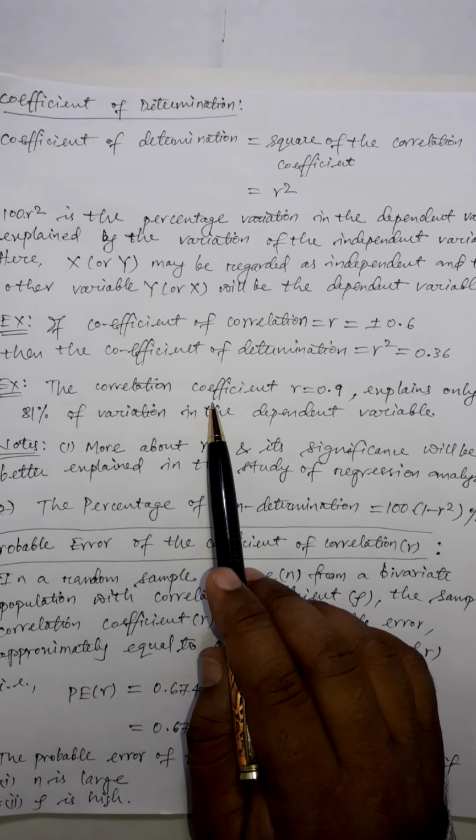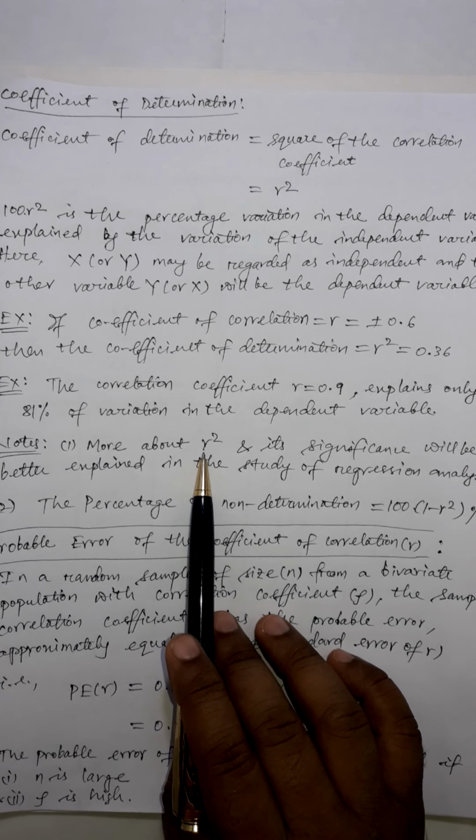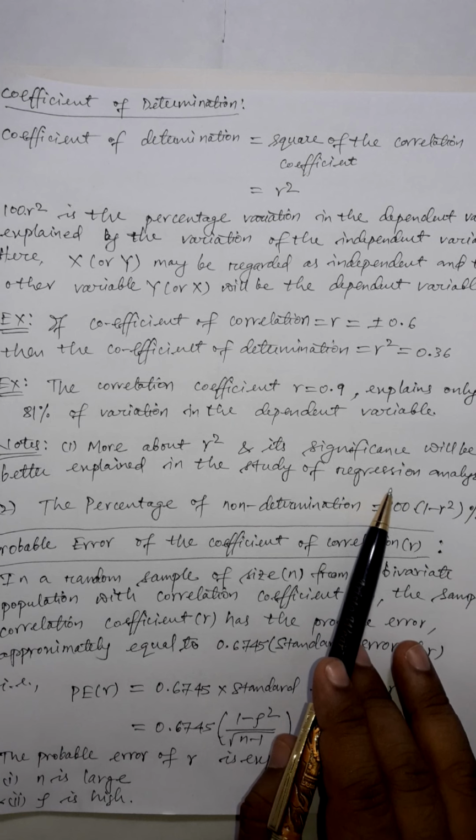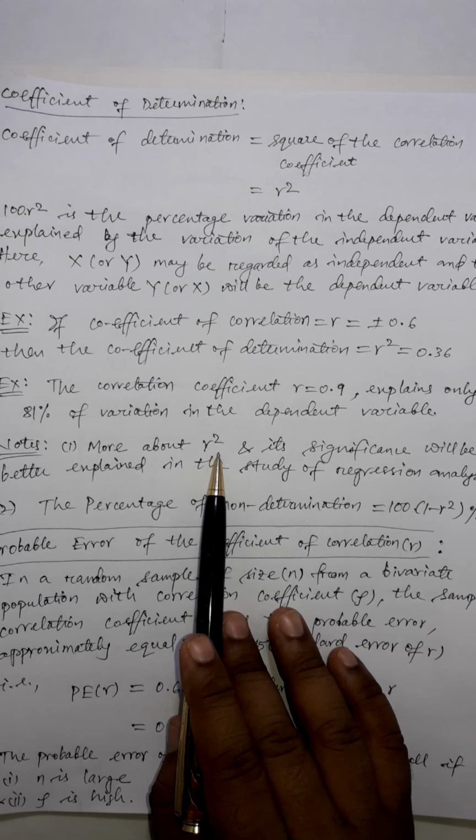Now from here we are getting two important points about the coefficient of determination, that is r square. We'll discuss more about its significance and importance in the study of regression analysis. In our further video, we are going to discuss regression analysis, where this coefficient of determination r square will be used, and there we will come to know its importance.